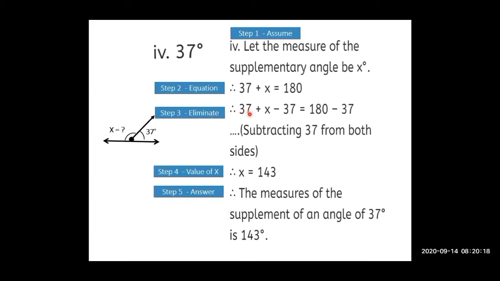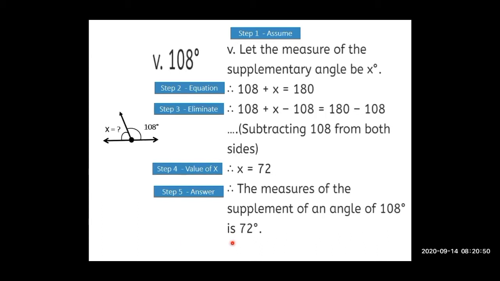Therefore, 37 plus x minus 37 equals 180 minus 37, subtracting 37 from both sides. Step 4 will be the value of x. Therefore, x equals 143, since 180 minus 37 equals 143. So our final answer is, therefore, the measure of the supplement of an angle of 37 degrees is 143 degrees.